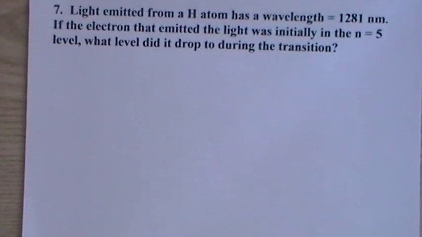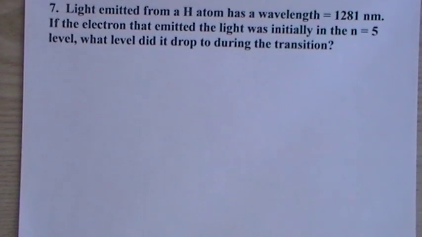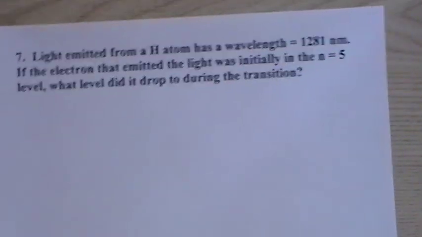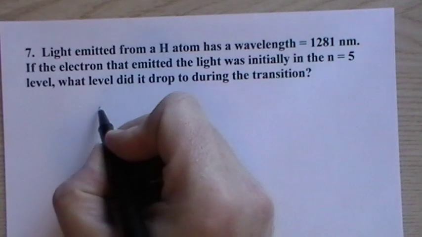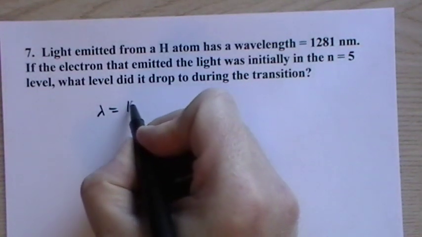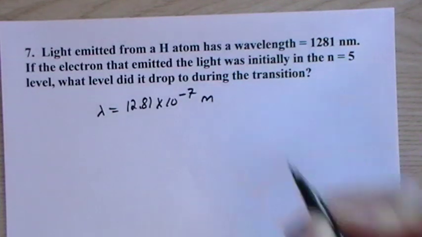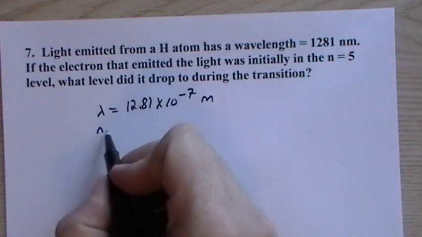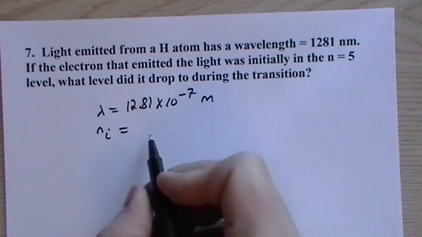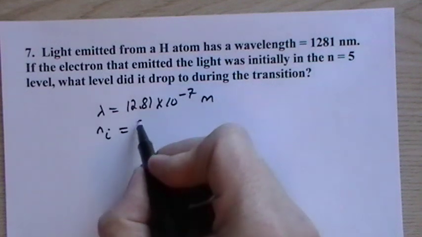Then this last one, I'm not going to do out at all because the wavelength is given. It will be this if you change it to meters. And then we have n was initially 5.